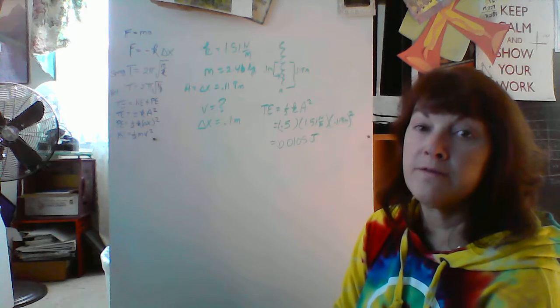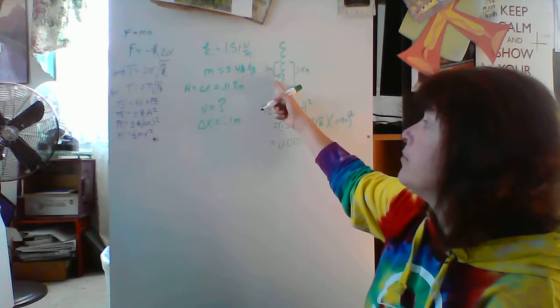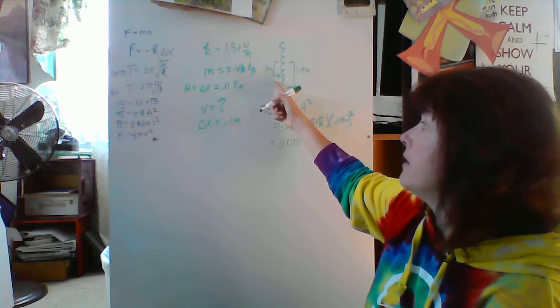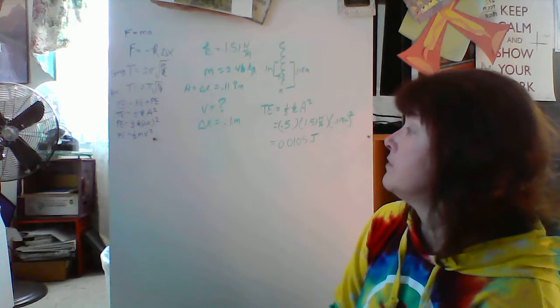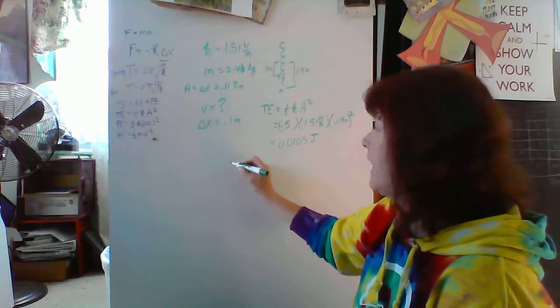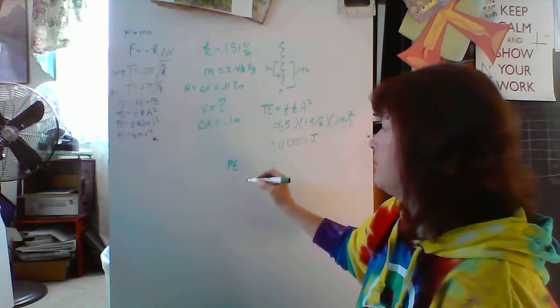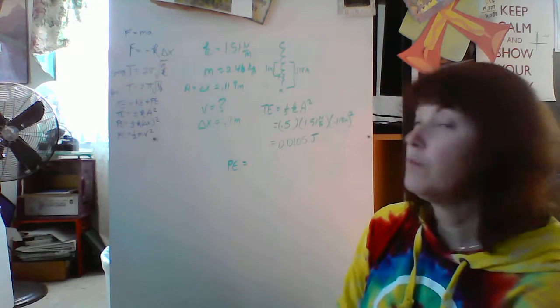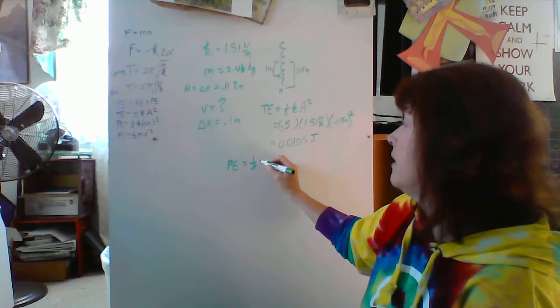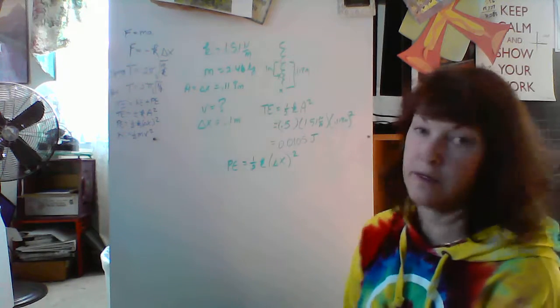Well, we can find the potential energy at that point. We can't find the kinetic yet because we don't know the velocity and we don't know the value for kinetic energy. So we can find the potential energy at that spot at 0.1 meters. And so that will be 1/2 our spring constant times our change in displacement squared.